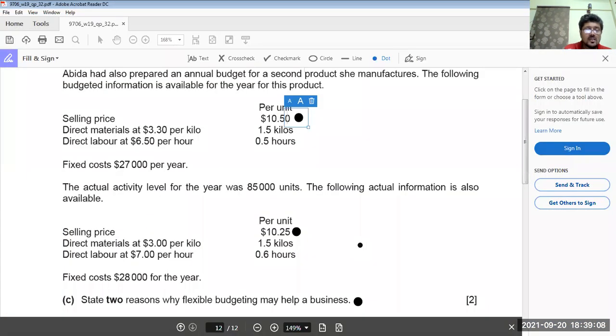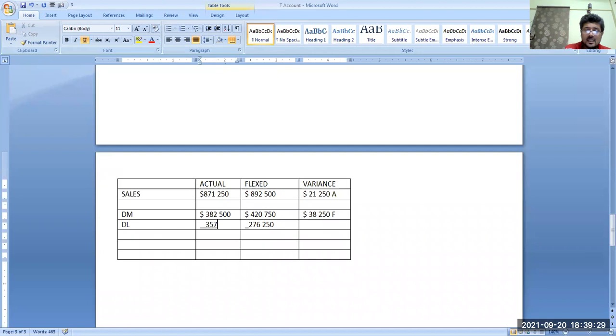Now, 0.6 hours. See, 85,000 units multiply by 0.6 multiply by $7 payment. 357,000. Again, we are in adverse position. 357,000 minus 276,250 is 80,750.